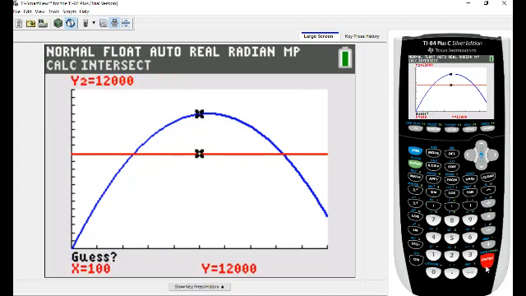Second curve, enter. Since those are the only two curves we have. And then move the cursor over to your guess for the point of intersection and hit enter. So the intersection is 48.548. Let's round that up to $48.55.